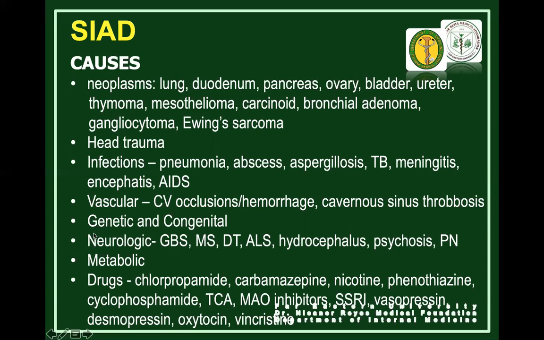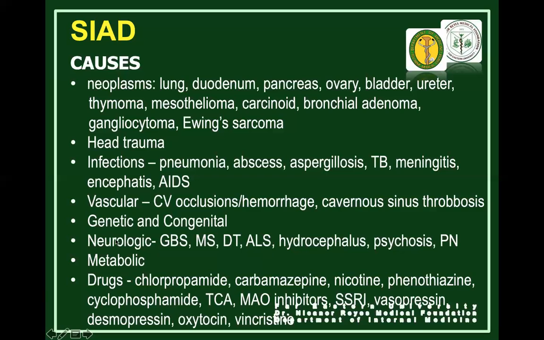It can be genetic or congenital, so in children or infants, they can also have SIAD. It can be a neurologic problem: GBS, MS, DT, and ALS. So Guillain-Barré syndrome, multiple sclerosis, delirium tremens, and amyotrophic lateral sclerosis. Hydrocephalus, psychosis, and peripheral neuropathies.